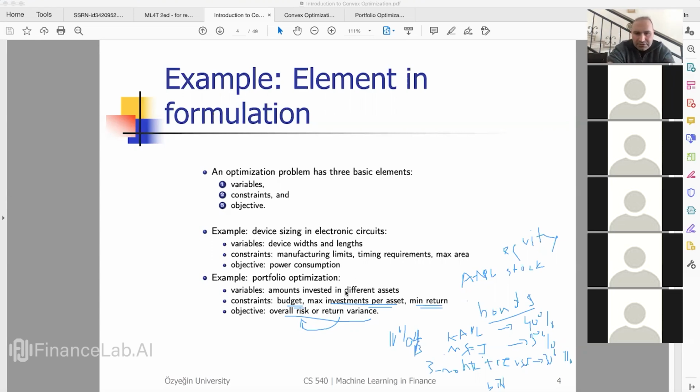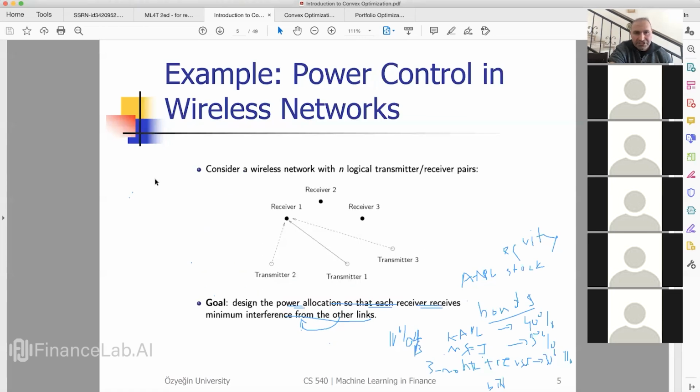Given these constraints, by formulating this as an optimization problem, and we'll see in detail how we can formulate an optimization problem, we solve it and we get the amounts that need to be invested in different assets. In this case, assume that it will be 40%, 30%, and 30%. So this is an example for formulation.